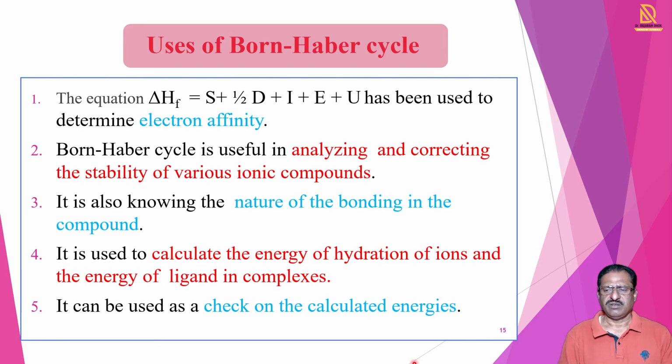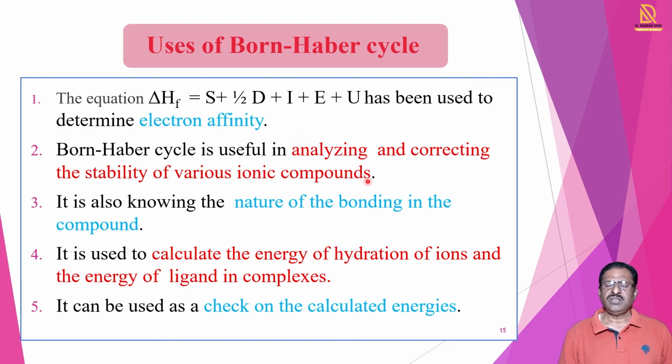Uses of the Born-Haber cycle. When we use the Born-Haber cycle for the determination of lattice energy, this cycle is also useful for other purposes. We use the general equation delta H f equal to S plus one half D plus I plus E plus U. So this equation is used to determine different properties like electron affinity.